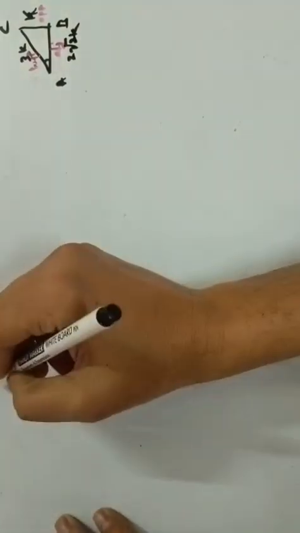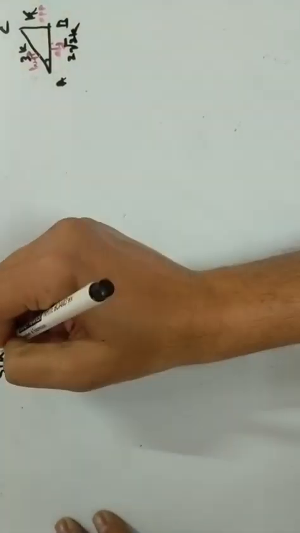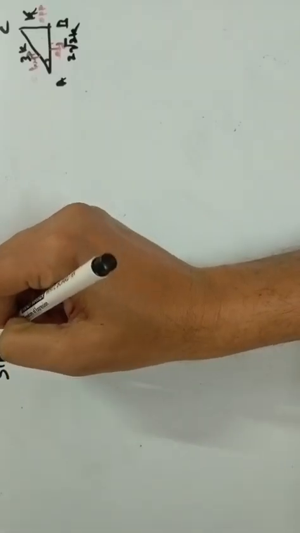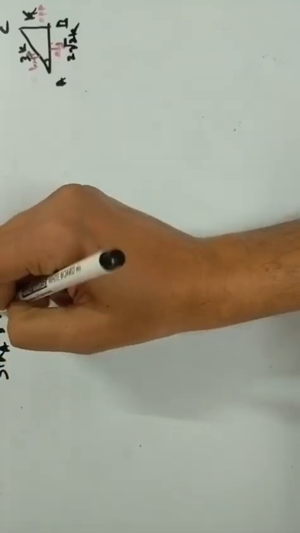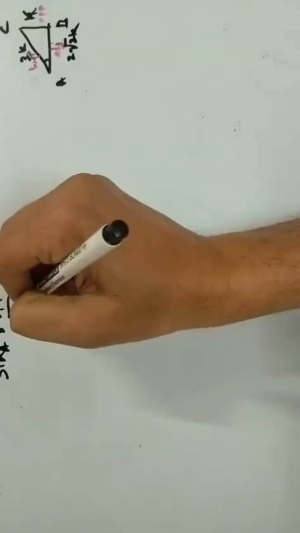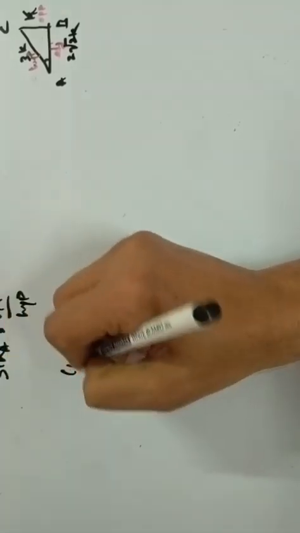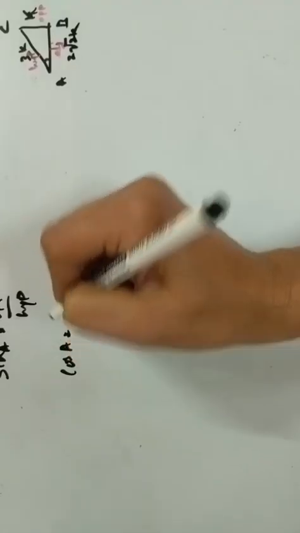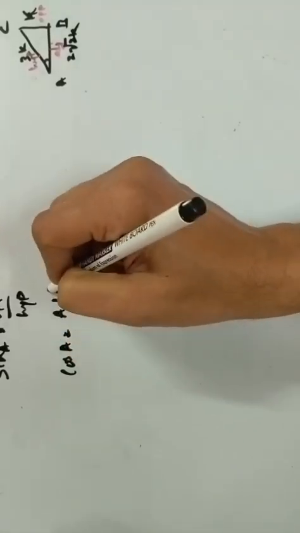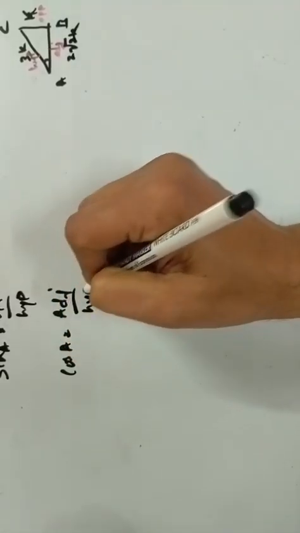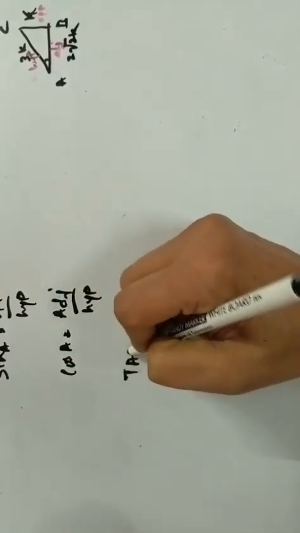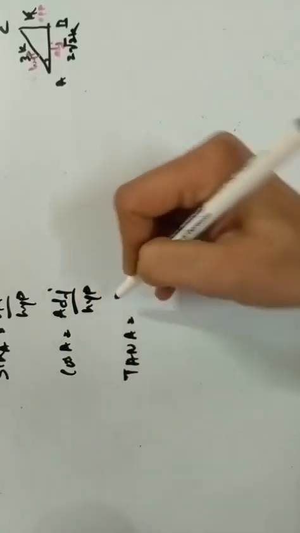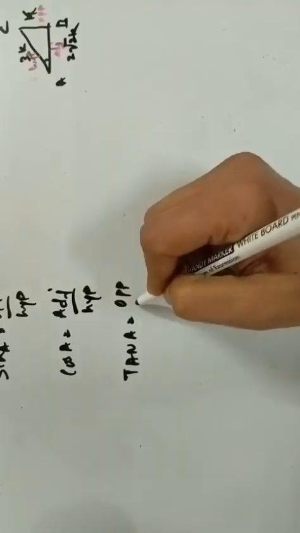So sin A is equal to opposite by hypotenuse, cos A equal to adjacent by hypotenuse, tan A is equal to opposite by adjacent.